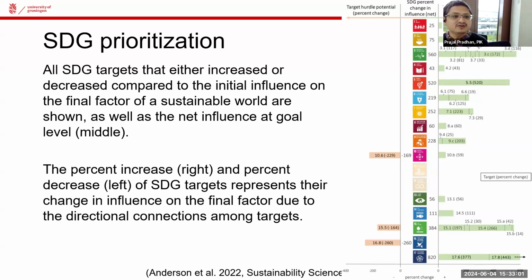And based on this, we try to understand which are the most important SDGs in the whole system, looking at direct and indirect relation, and we can see that focusing on SDG 3, SDG 5, SDG 15, and SDG 17 matter a lot, yeah, because of its interlinkages.